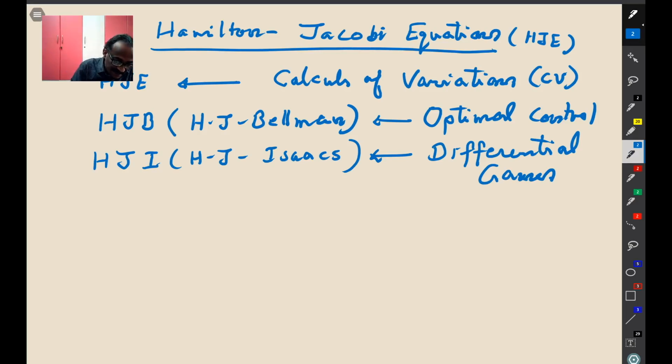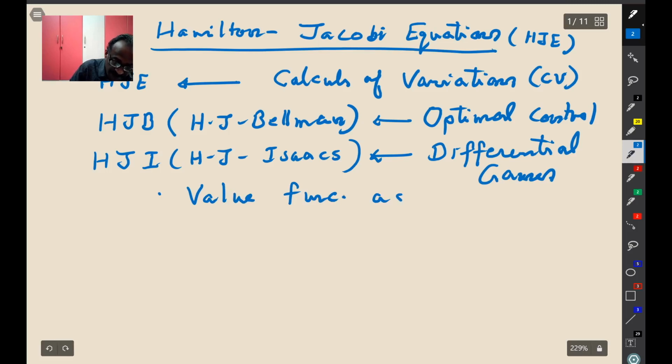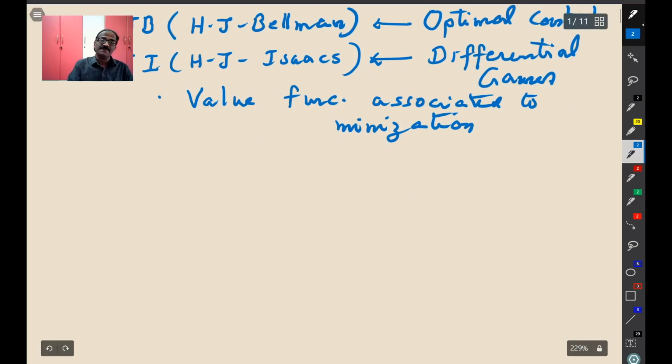The thing is that there is an associated value function, a value function associated to minimization problems. And this value function basically satisfies the Hamilton-Jacobi equation or Hamilton-Jacobi-Bellman equation or Hamilton-Jacobi-Isaacs equation. You will see some of these things.